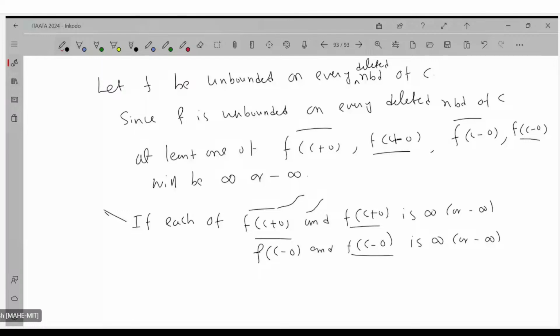Now what is the next possibility? If these two values are unequal, then we have infinite oscillatory discontinuity.